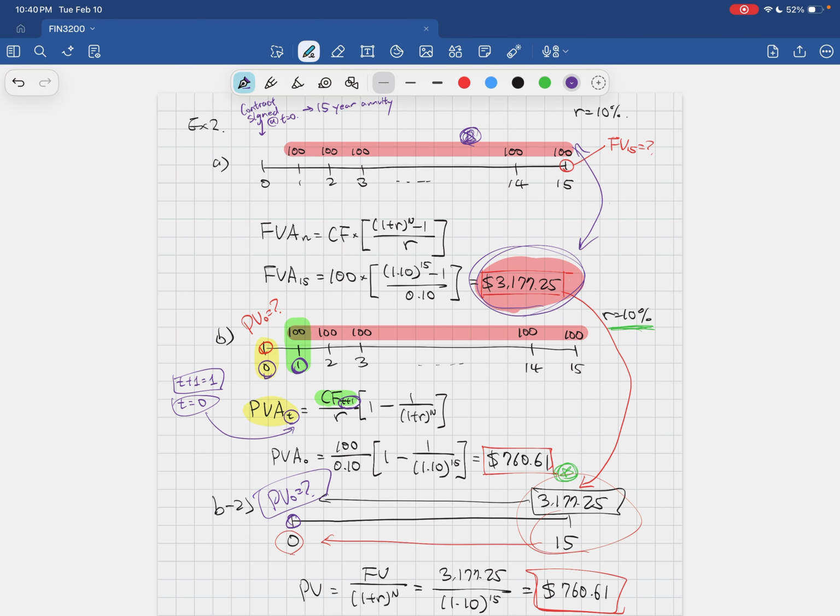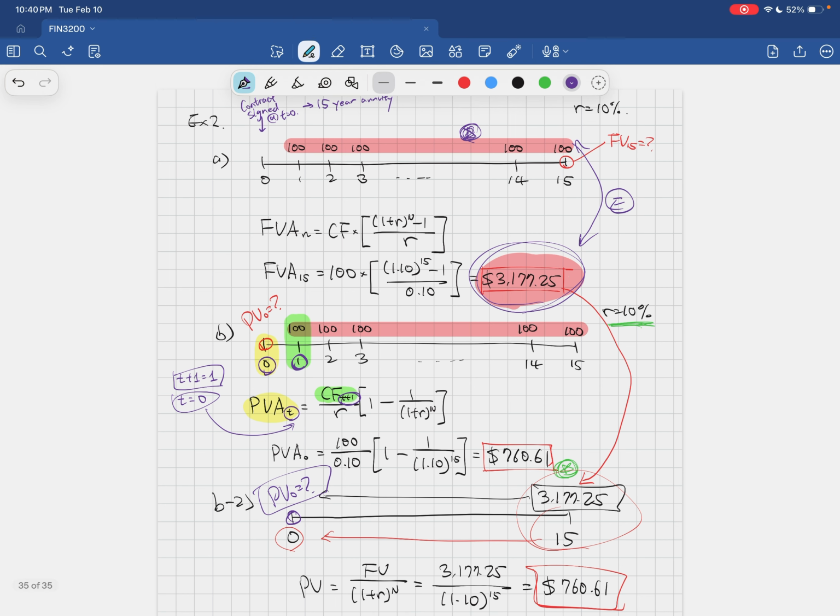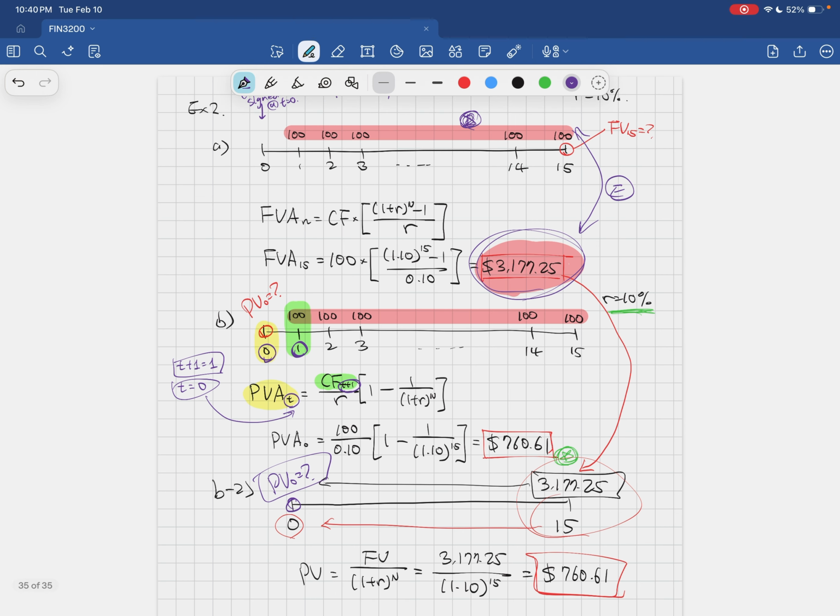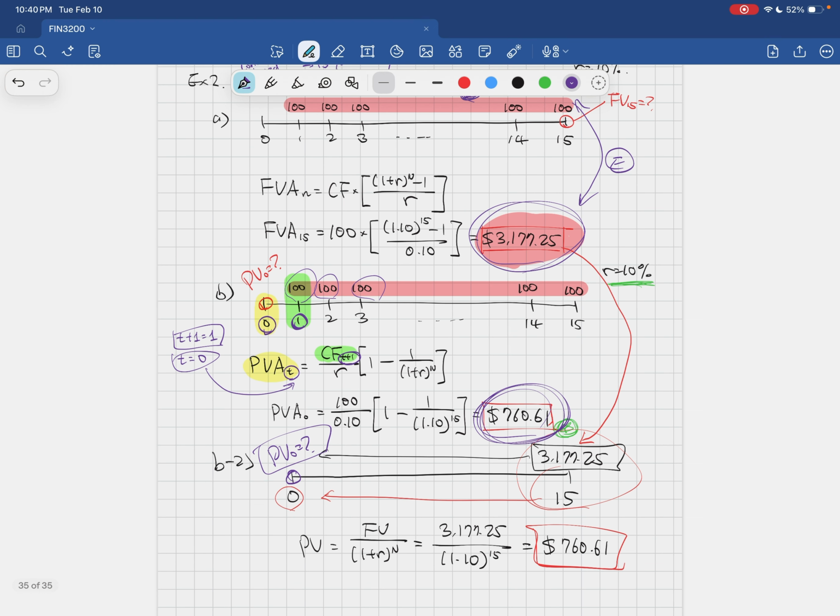So they're equal. And depositing $760.61 at time 0 in part B is the same thing as getting or paying $100 every year for the next 15 years in terms of value. So these are all equal. That's why if you just use the future value in year 15 and discount it back 15 years, you'll still get the same answer for part B.